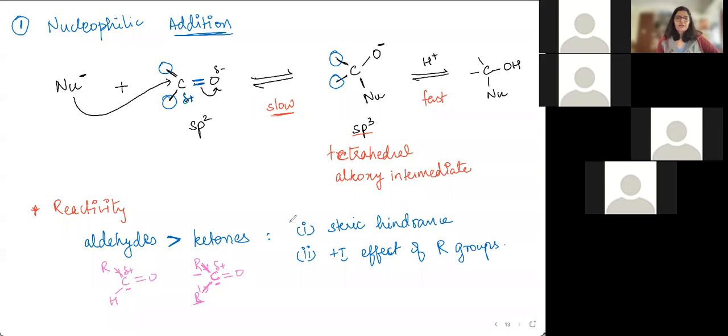Okay. So now, these are the basics of nucleophilic addition. Whatever nucleophile you take, this is what is always going to happen. There's addition across the double bond. The positive side will be added to oxygen, negative side to carbon. sp2 will change into sp3. You'll get a tetrahedral all single bonded product. So these are the reactivity tendencies.